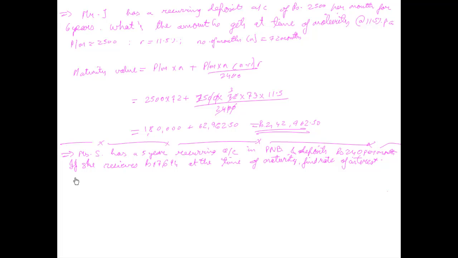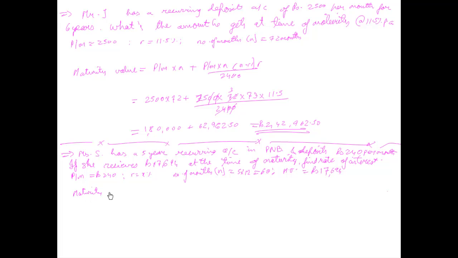So children, here also we have principal per month is equal to rupees 240. Rate we do not know, so we will take it as R only, or x%. Number of months n would be 5 times 12, that's 60. And maturity value is equal to rupees 17,694. Now children, we will write down the formula for the same.